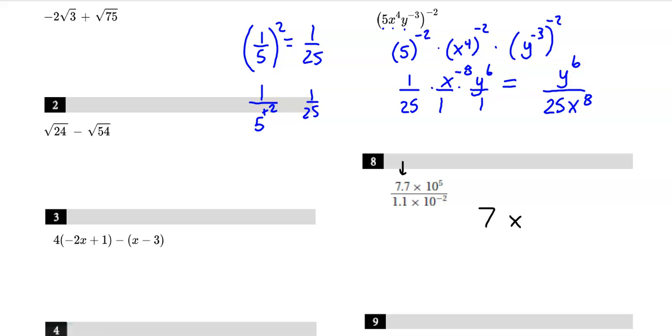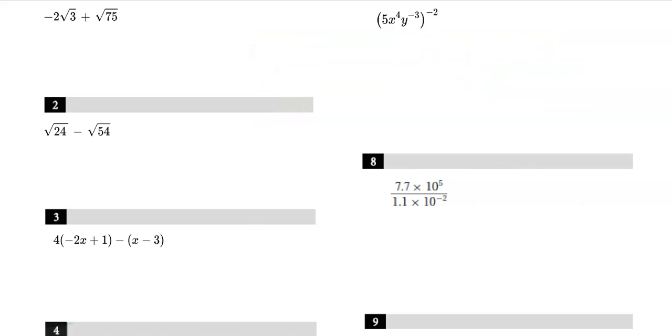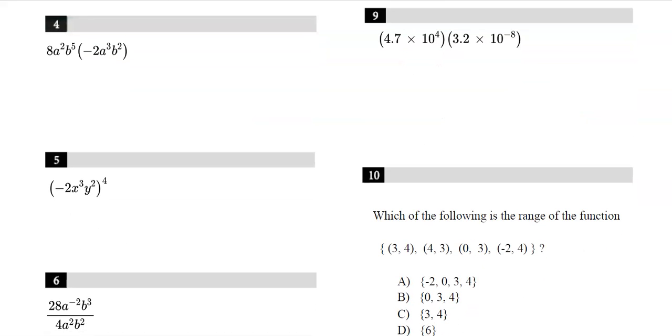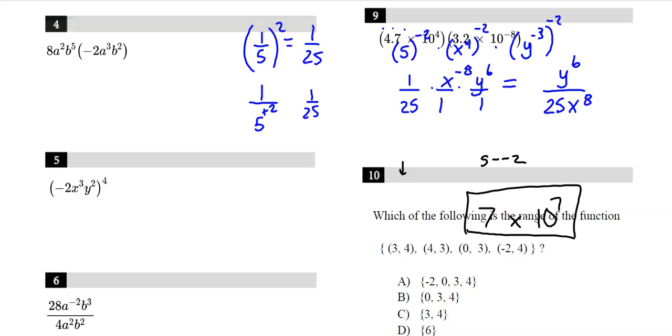You could fix them by putting the negative 2 up on the top, or you could just do 5, take away a negative 2 if you want to follow the rules. Either way, you get 7 times 10 to the 7th power. So that would be the answer for that one. Scrolling on down to the next couple.